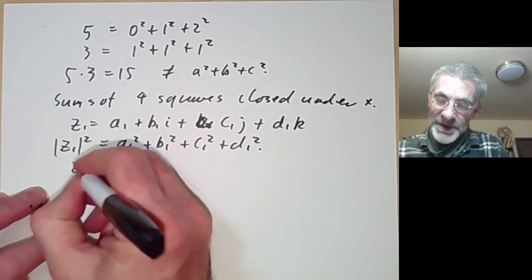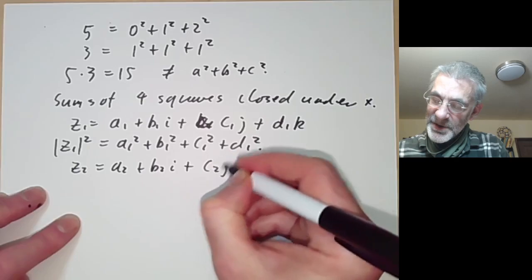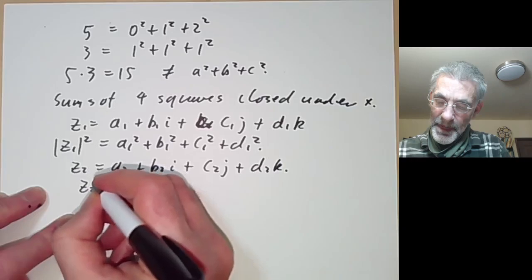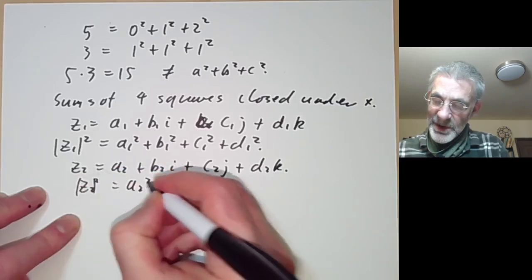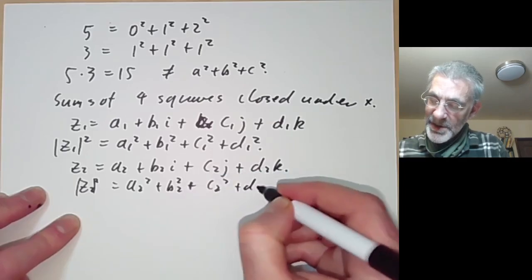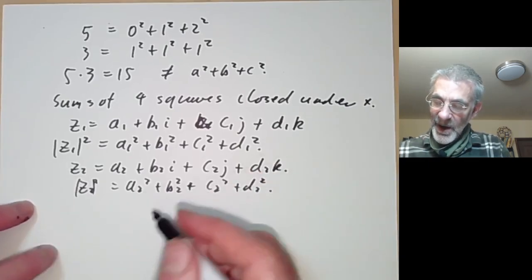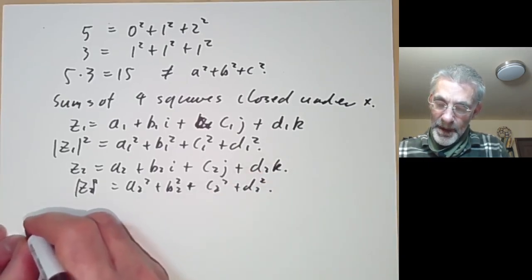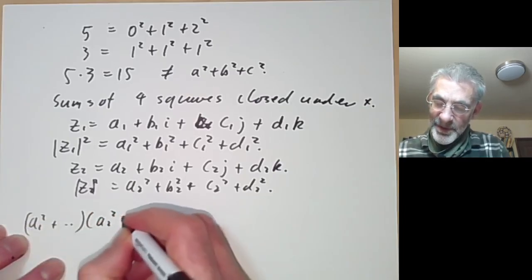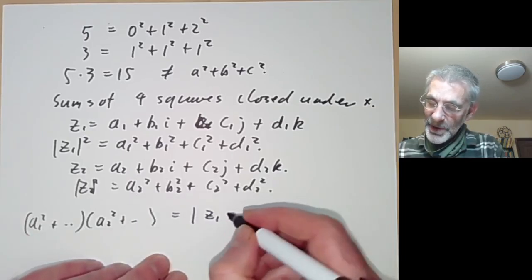Similarly, if we put z2 equals a2 plus b2i plus c2j plus d2k, then we find the absolute value of z2 squared is a2 squared plus b2 squared plus c2 squared plus d2 squared. And now we see that the product of a1 squared and so on times a2 squared and so on is equal to the absolute value of z1 z2 squared.